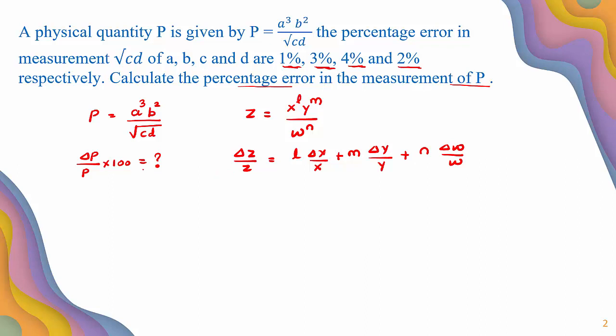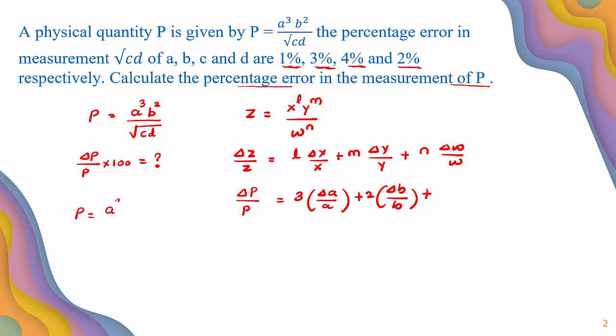See here, the equation is P equal to A raised to 3, B raised to 2 over under root of C into D. I am going to write delta P over P is equal to, for A raised to 3, 3 into delta A over A, plus B raised to 2, that means 2 into delta B over B, plus under root of C into D. Under root of C into D means what?